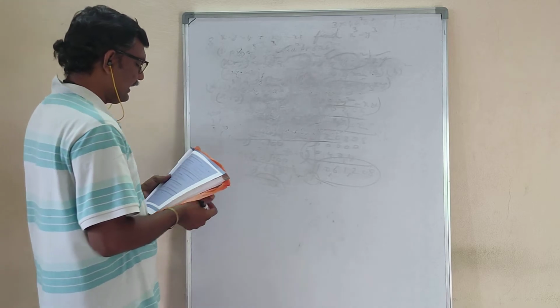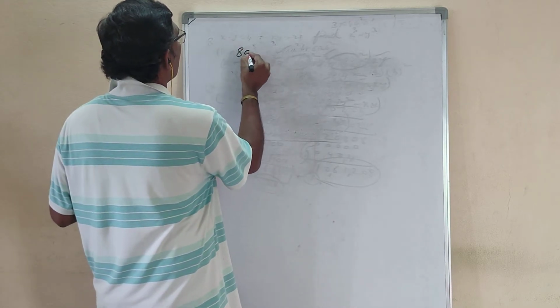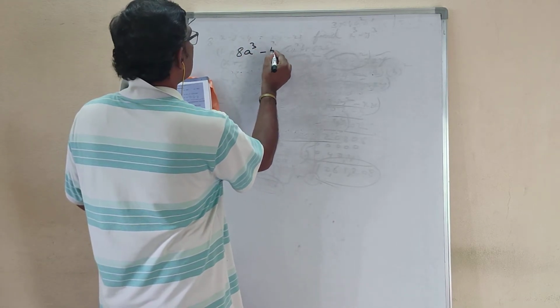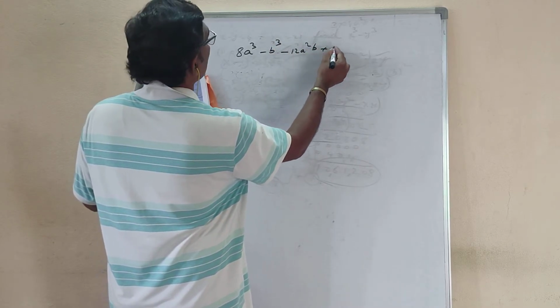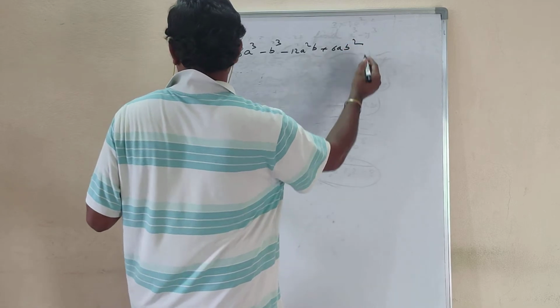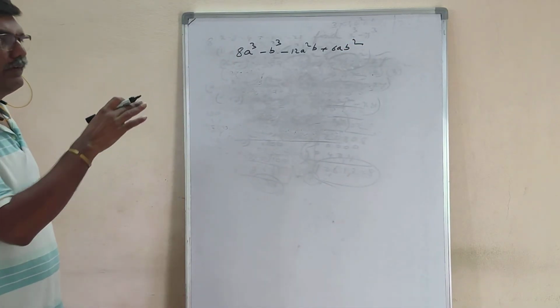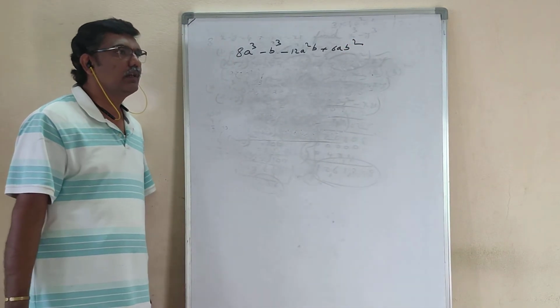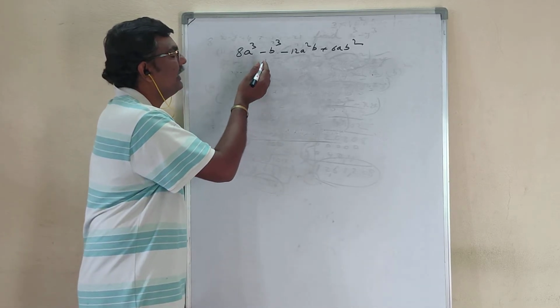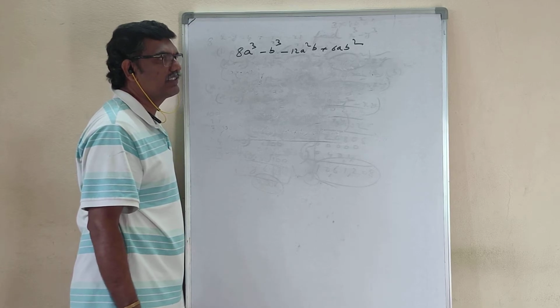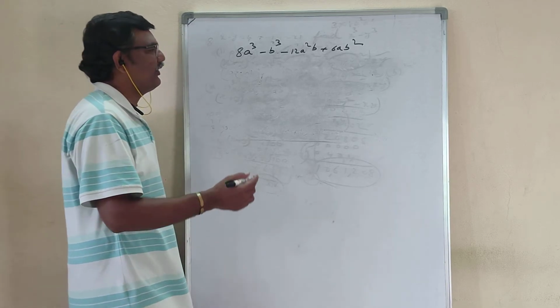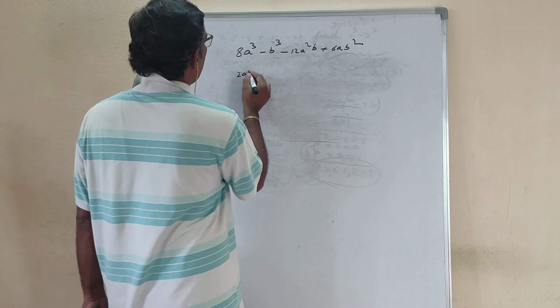They have given here 8a cube minus b cube minus 12a square b plus 6ab square. So this and the previous one are the same, but whereas there all were plus, here some terms are minus. So what you have to do is 2a whole cube, okay.